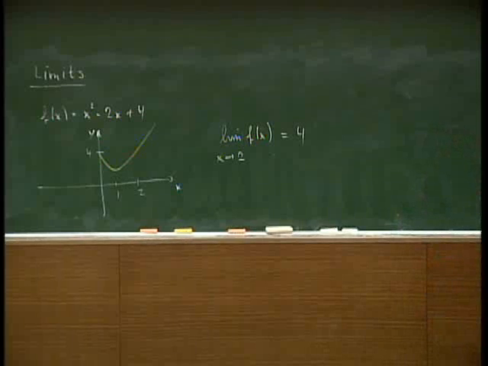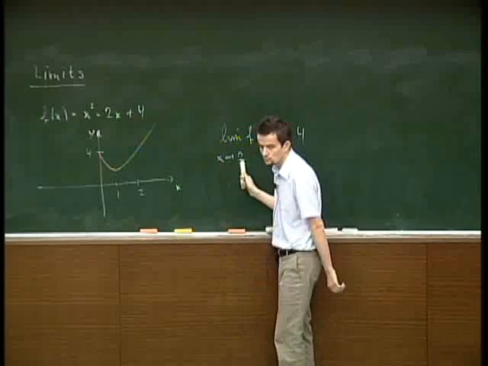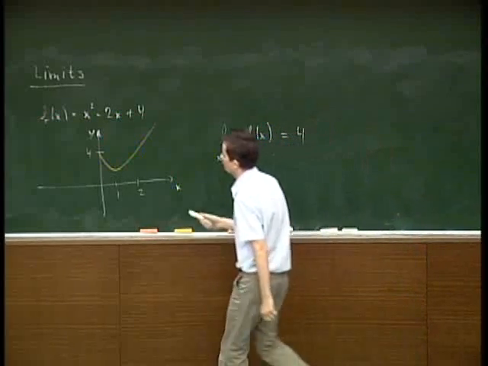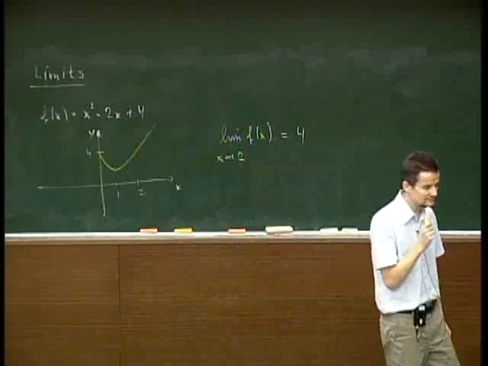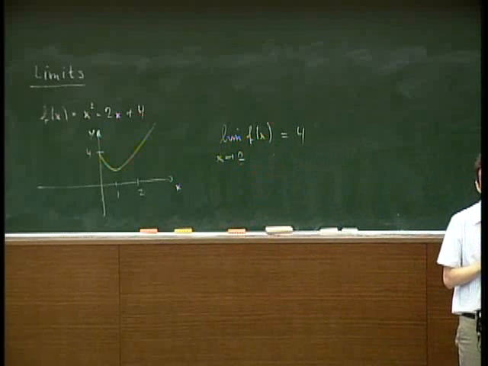Now, the first thing maybe to stress here in this limit definition is that x is close to 2 but not equal to 2, which means that the function f of x does not have to be defined at 2. If the function is not defined at 2, this is no problem, okay?